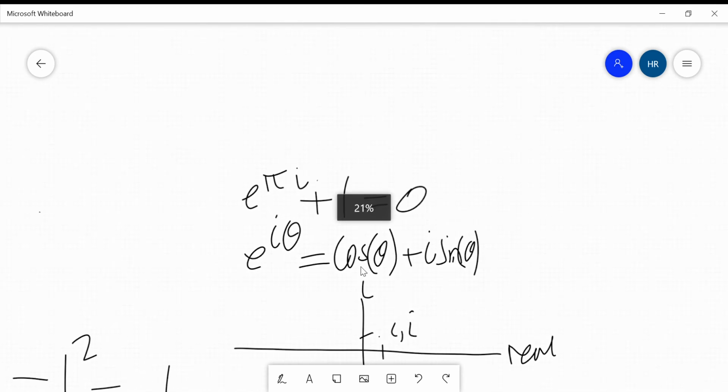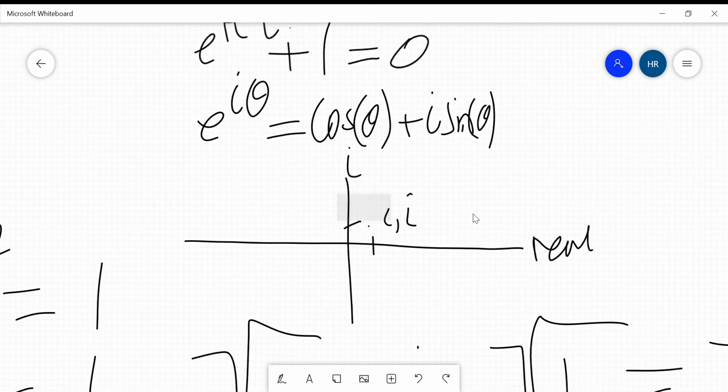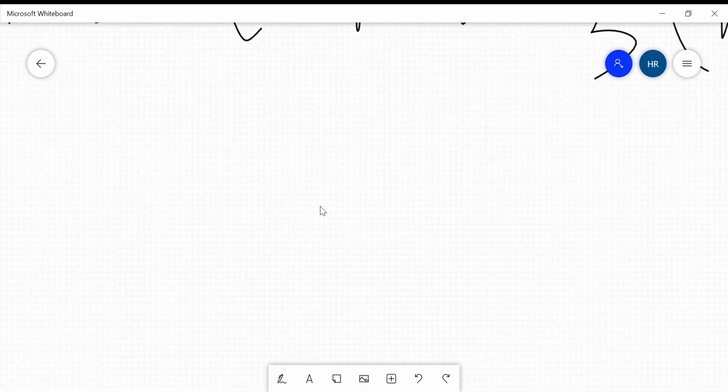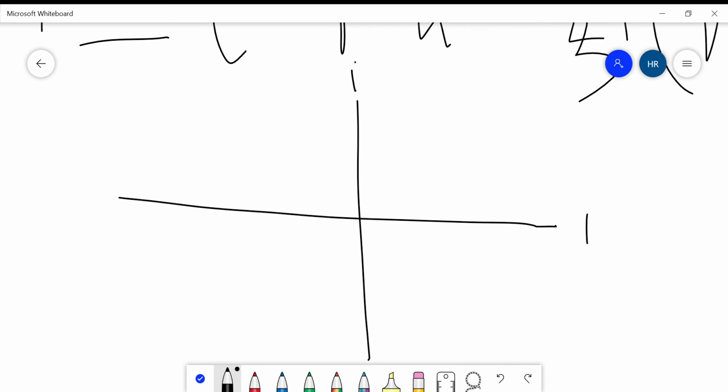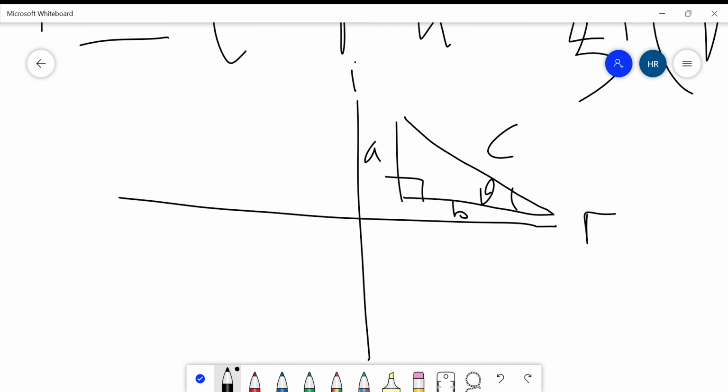So if I had this imaginary graph, and I'm going to draw this in more detail because this is an extremely important topic. I have this graph with i and R, and I have a triangle here. Here we have the right angle, and here is theta. A, B, C. A is opposite, B is adjacent, C is hypotenuse. So we can formulate a squared plus b squared is equal to c squared.